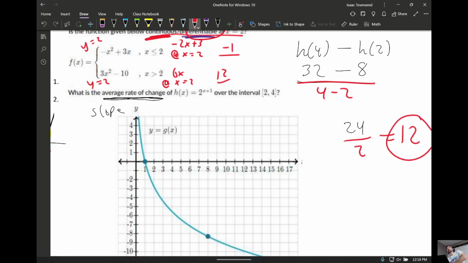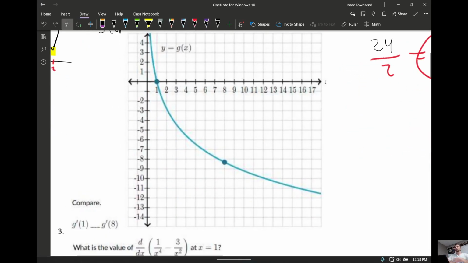That's really just slope formula. Average rate of change is slope. Slope formula, that's all you can do there. If it was instantaneous rate of change, we would have to do derivative and plug in 2. I think there's one more like that later.